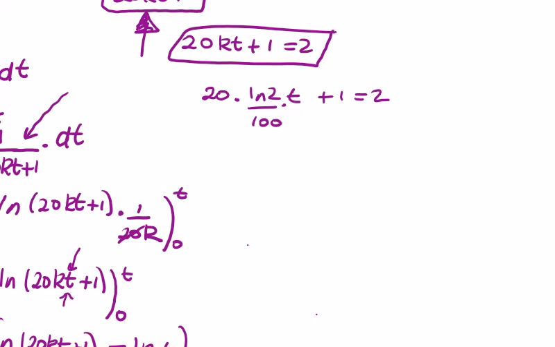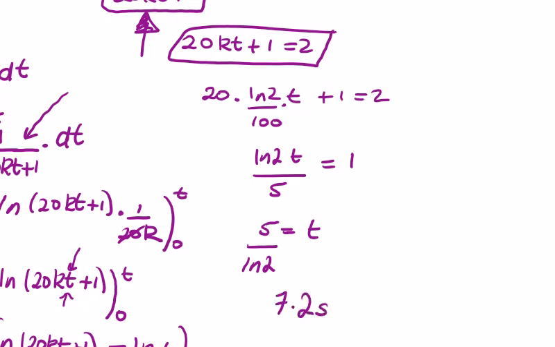So the natural log of 2 times t over 5 is equal to 1. So 5 is equal to the natural log of 2 times t, so 5 over the natural log of 2 will be equal to t eventually. And when we type this into our calculators, it comes to about 7.2 seconds.